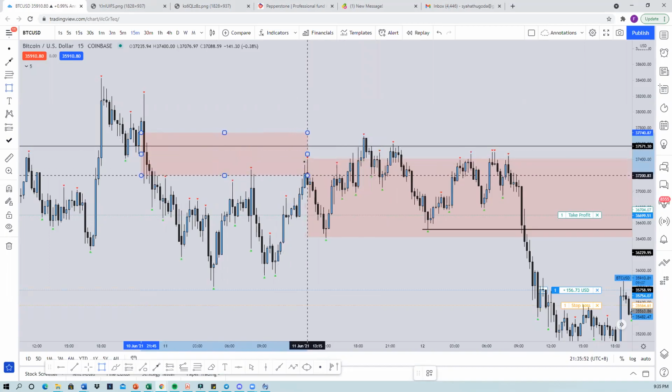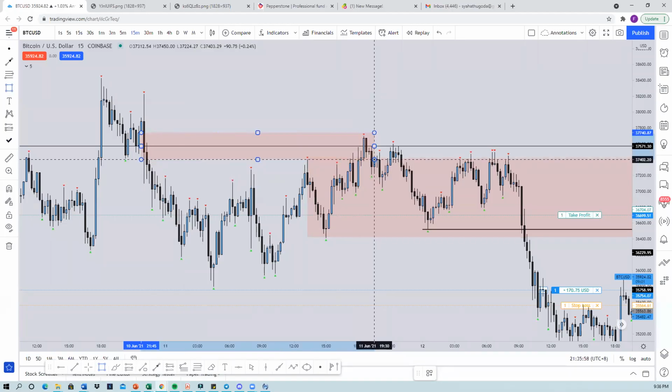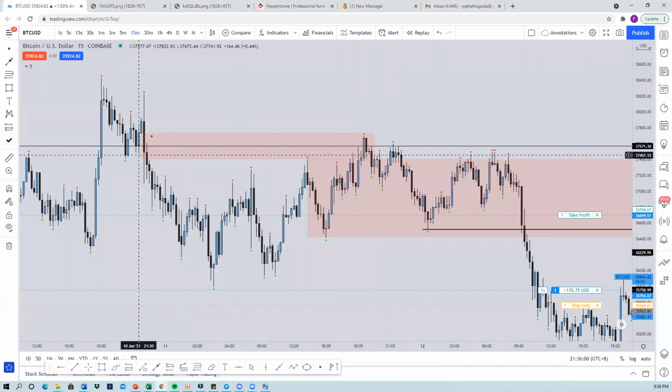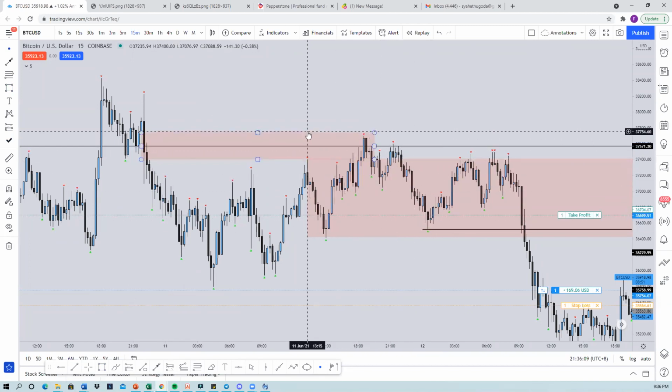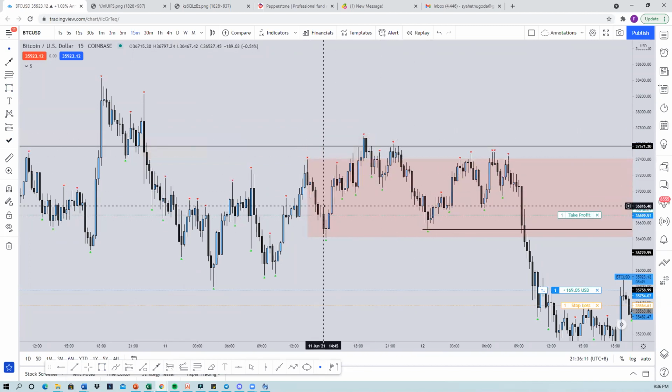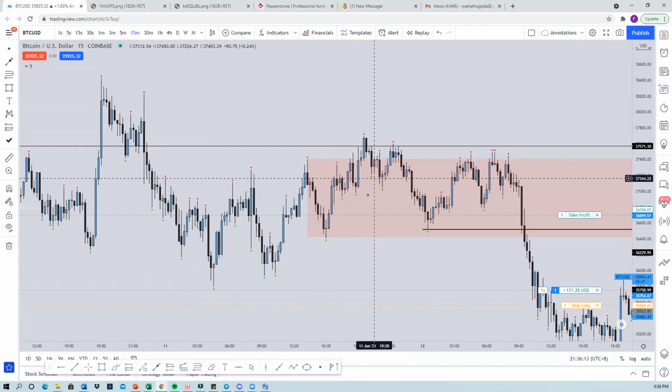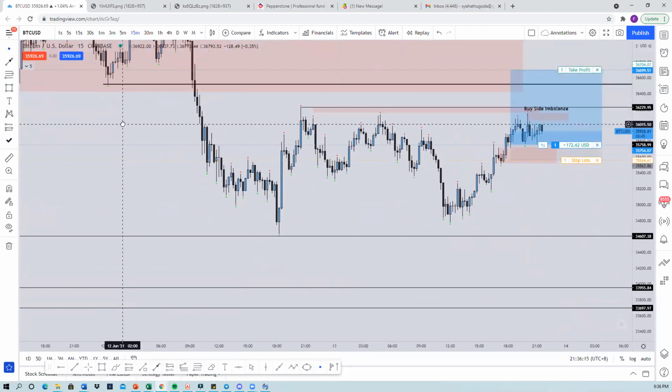And then once price balances this small part over here, where can you refine it to? You can refine it to here. And that's your imbalance or your fair value gap. Price goes there, fills it up completely, and then comes back down. So it's a constant cycle of the same thing happening over and over and over again.